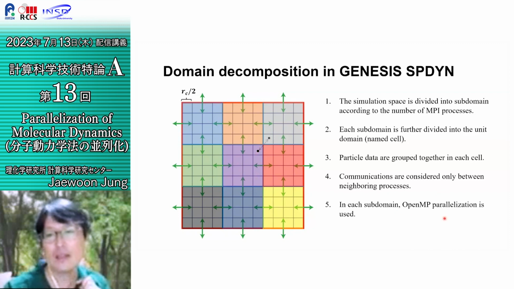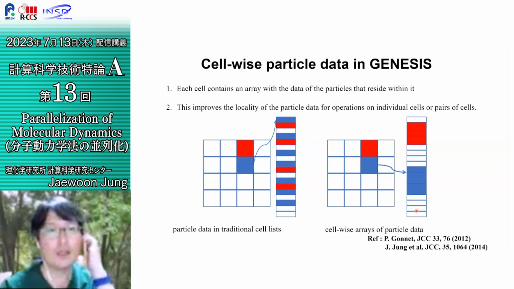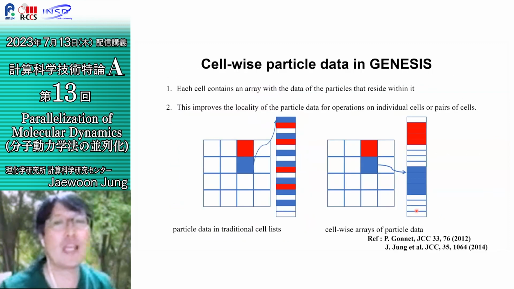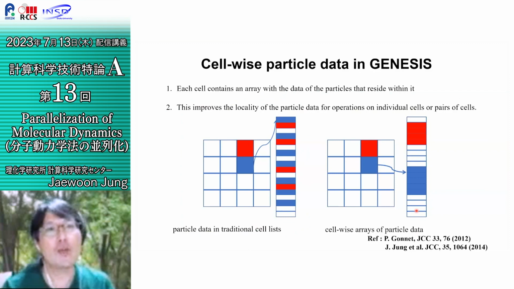And in each subdomain, we are applying OpenMP parallelization. Because we are making use of cells, when you consider programming, one of the important things is how to make use of memory very efficiently.